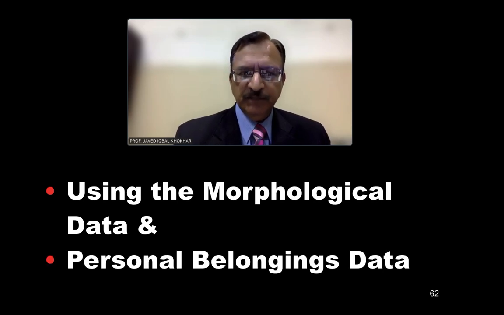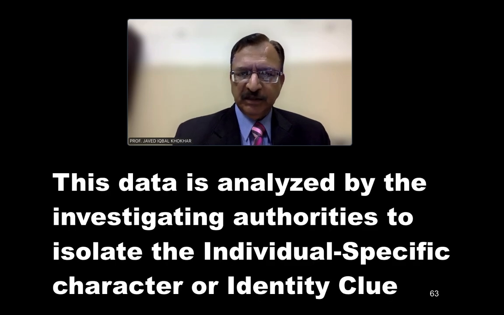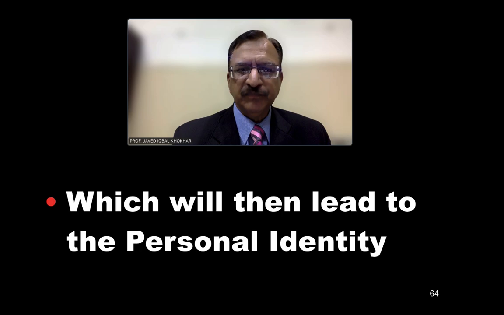So, using the morphological data and the personal belonging data, this is analyzed by the investigating officer. They isolate the specific characters of that particular individual and find the identity clue, which will lead to the personal identity.